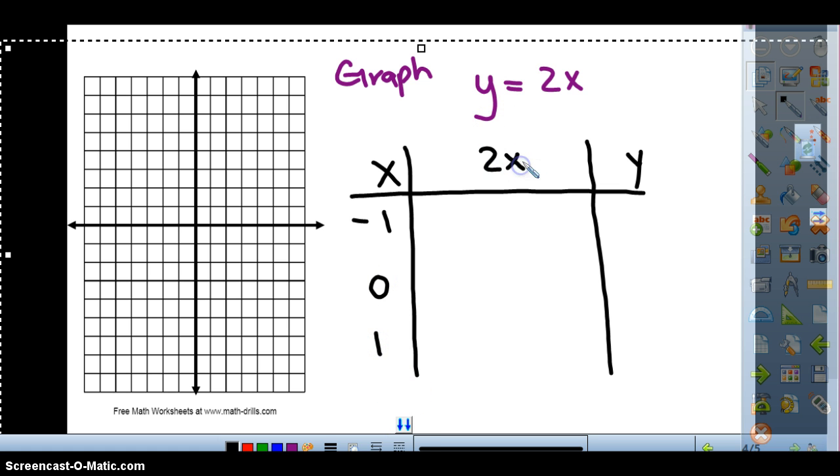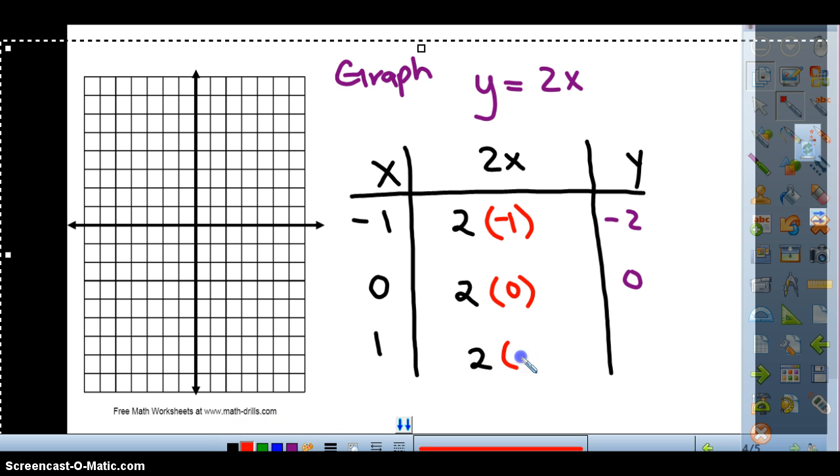We're going to substitute into 2x. So here we go. 2 times negative 1 equals what? Negative 2. 2 times 0 equals what? 0. 2 times 1 equals 2.